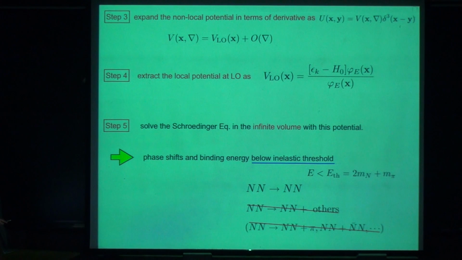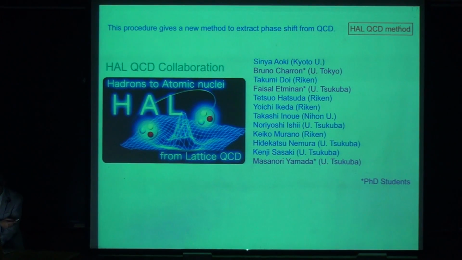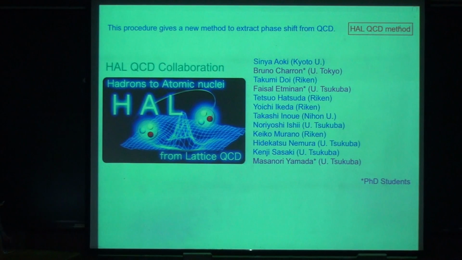The only limitation is as follows. It only considers elastic scattering. Elastic means NN goes to NN. We don't consider NN going to NN pi or NN 2 pi, etc. We don't consider such inelastic scattering. As I will show, this procedure gives a new method to extract phase shift or nuclear potential from QCD.